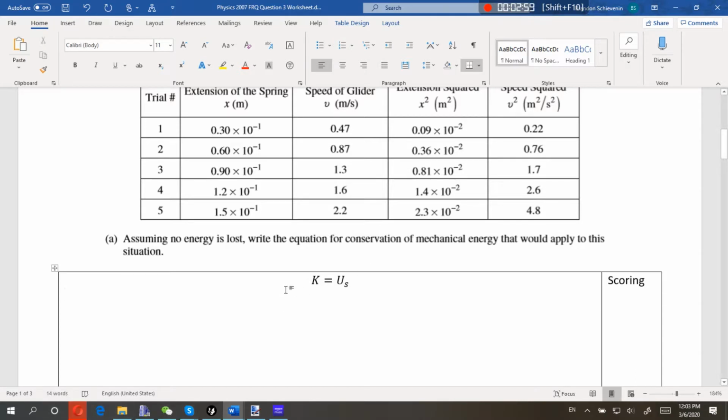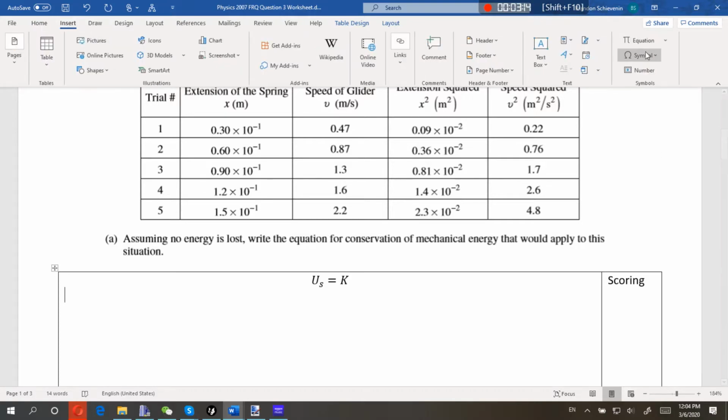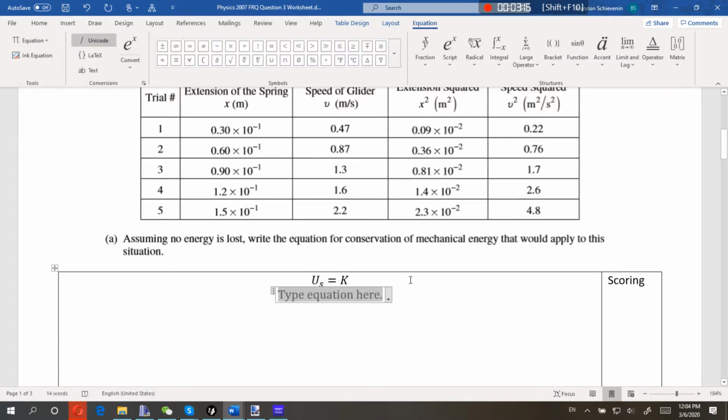I feel like this would really be the other way, right? So we're starting with a bunch of spring potential energy and then converting to kinetic. So I'm going to throw this to the other side. It doesn't really matter, but I like to think of things from left to right. I don't know why.